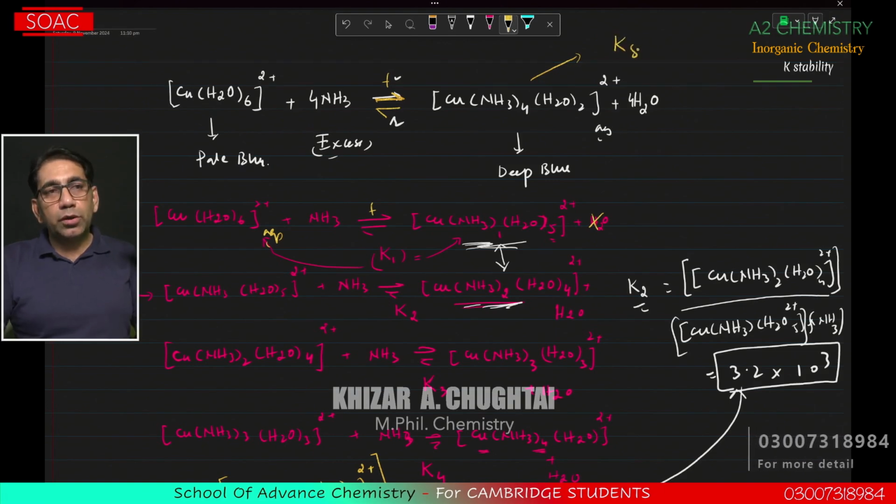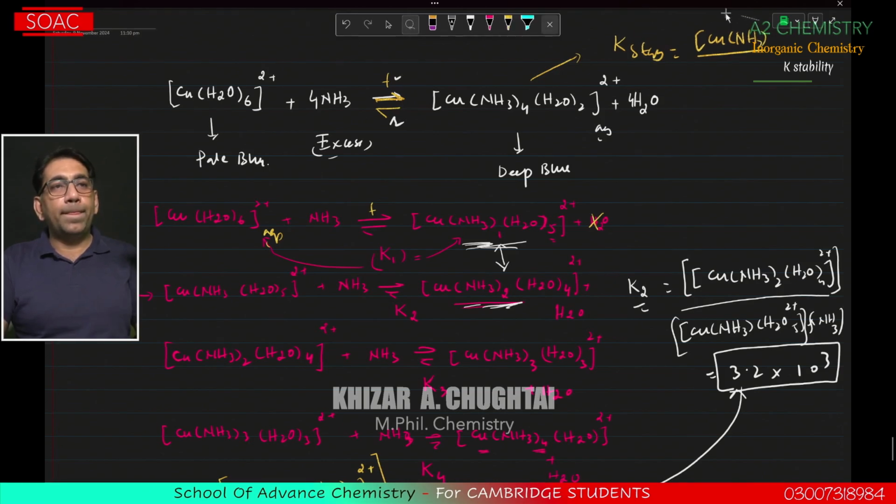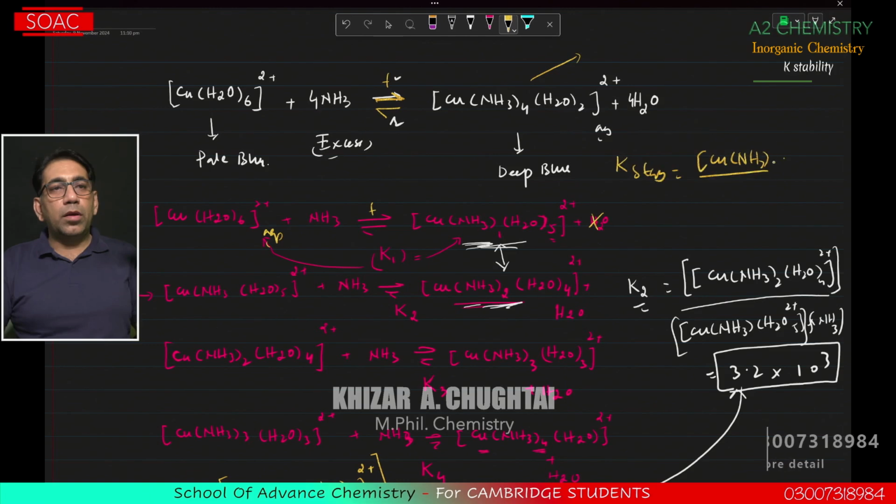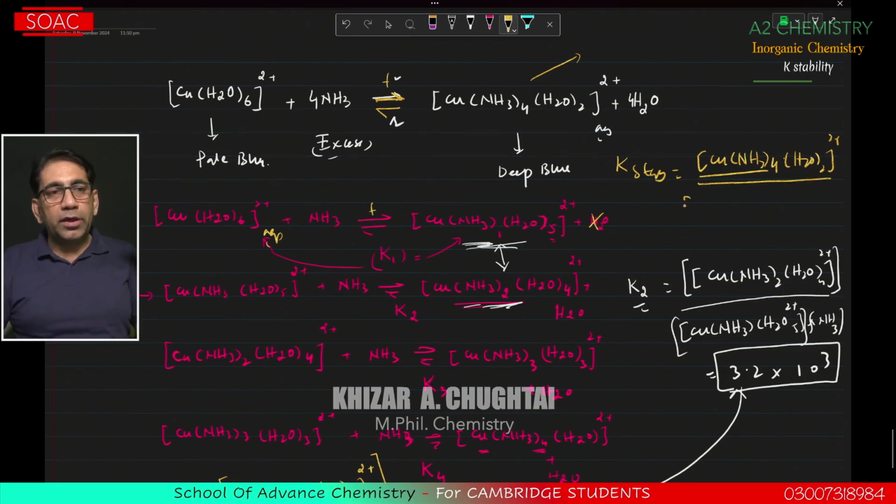The procedure is the same. K stability is equal to [Cu(NH3)4(H2O)2]2+, there is no water as I told you, and in the denominator there is the copper hexaaqua complex, [Cu(H2O)6]2+, with 2 positive charges. These are the brackets of concentration, multiplied by the concentration at equilibrium of NH3 to the power 4.